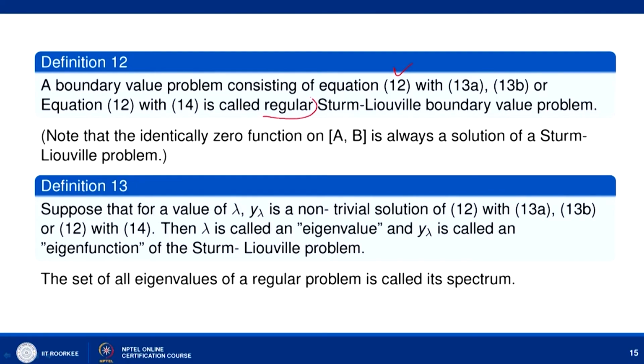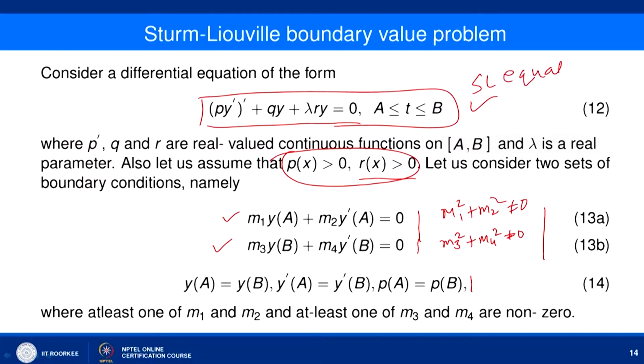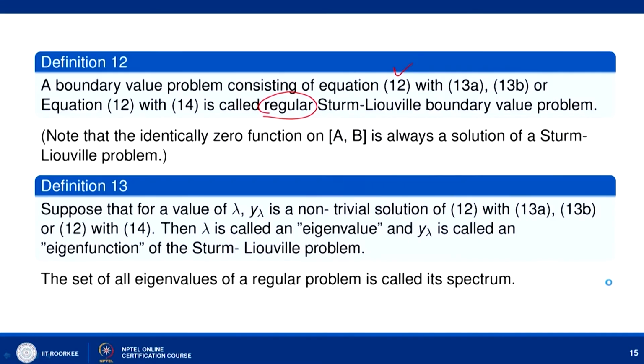Here, regular means what? First of all, we define what a Sturm-Liouville boundary value problem is. For defining it, we consider the Sturm-Liouville equation and one of the boundary conditions, either 13 or 14. Then we call this a Sturm-Liouville boundary value problem, and then we define a regular one.